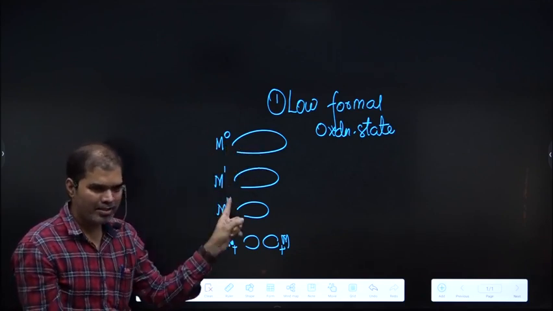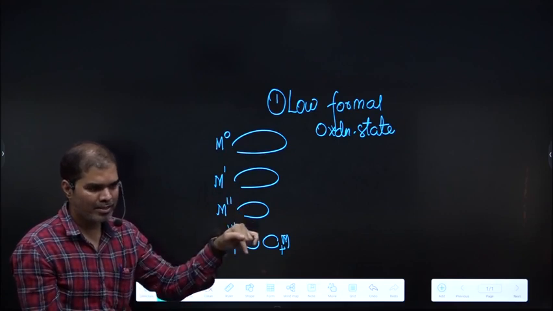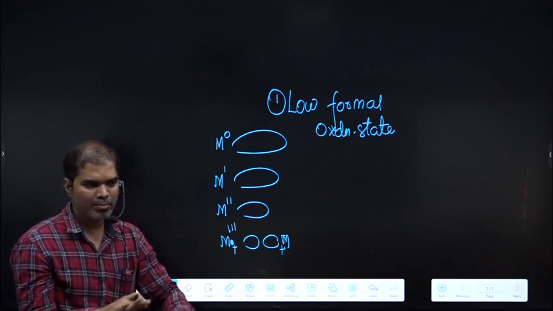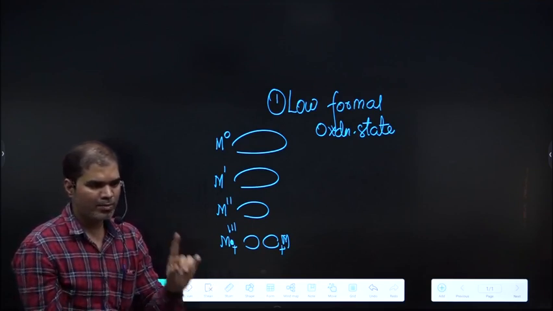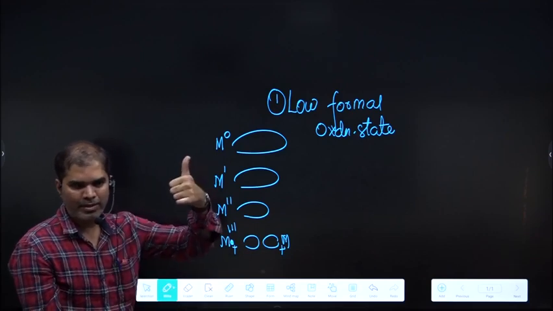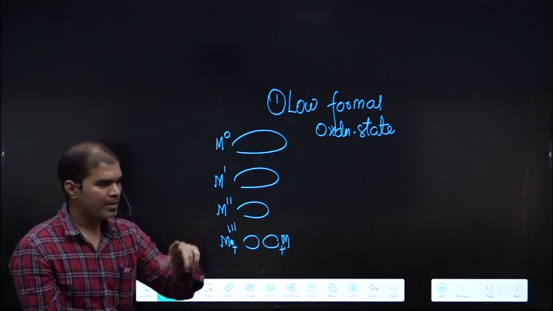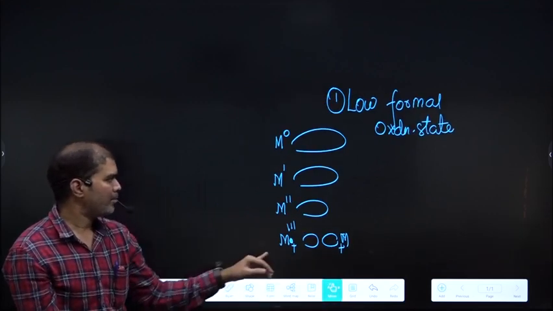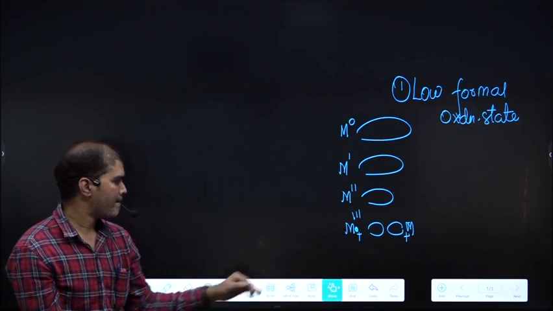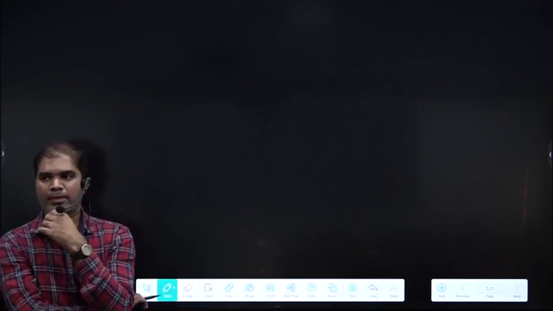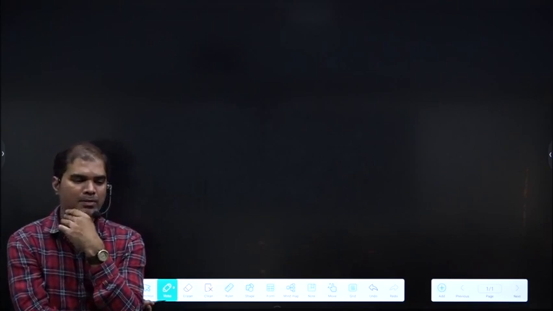So as charge increases, size decreases. Therefore, overlapping decreases, strength decreases, and stability also decreases. So what is the factor? Low formal oxidation state will favor a stable cluster. Second, less number of electrons.